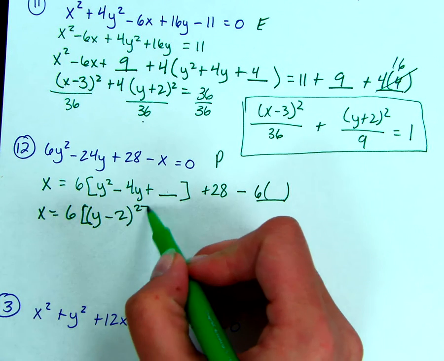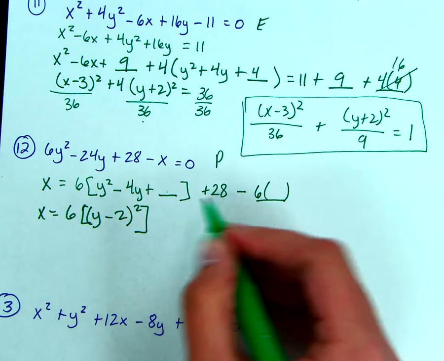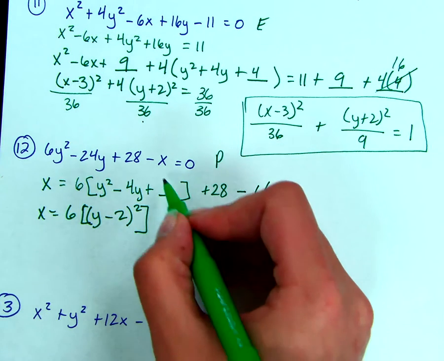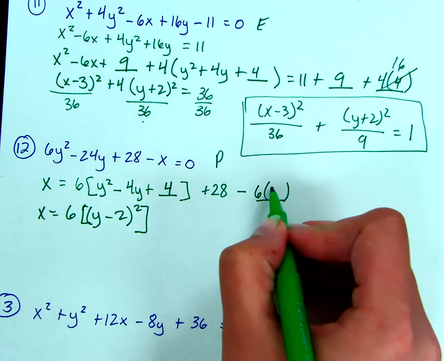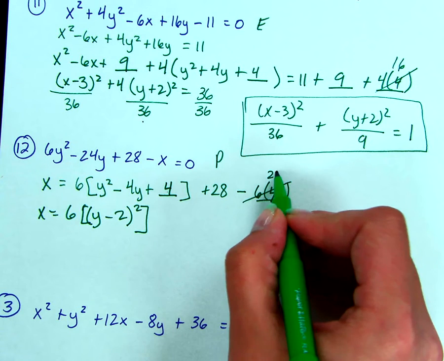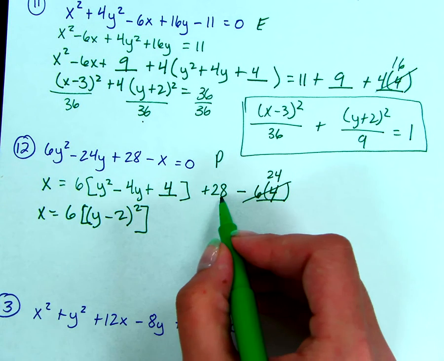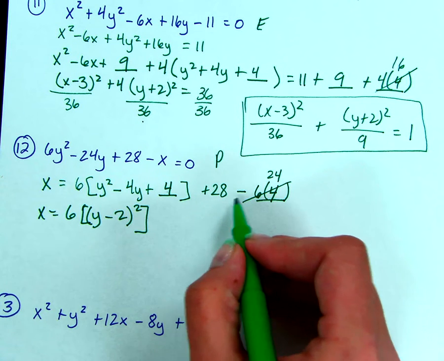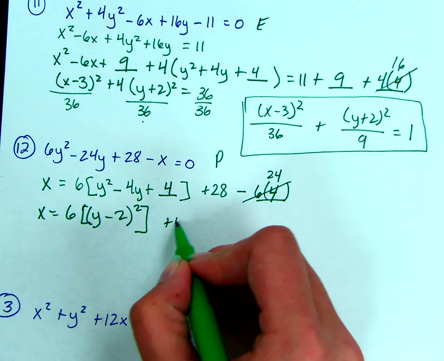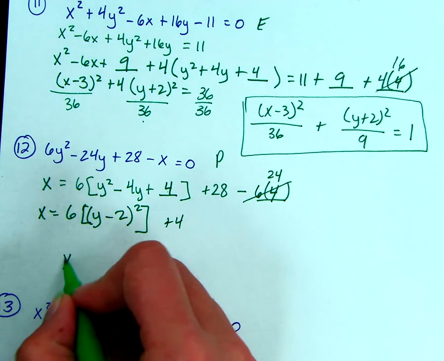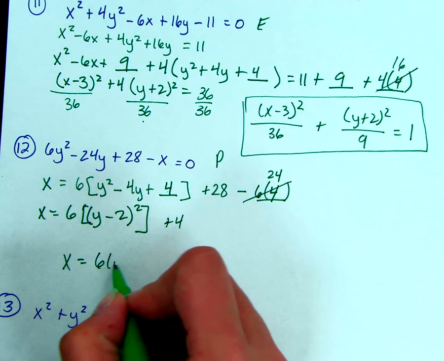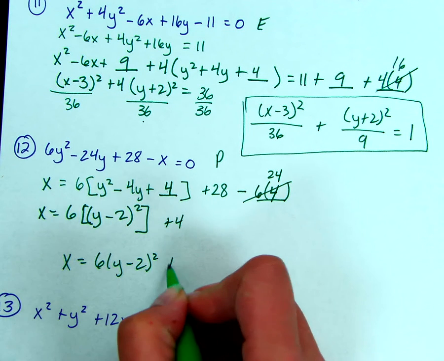And I didn't need that bracket, but just to complete it, I'm going to leave it there for now. And then 2 squared is 4. So 4 and 4. So this is really 24. So if I combine those together, that is going to be 28 minus 24 is 4, so positive 4. So really our final equation is going to be x equals 6, and then y minus 2 squared plus 4.